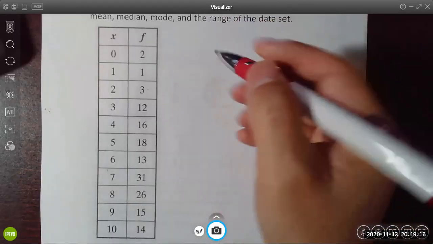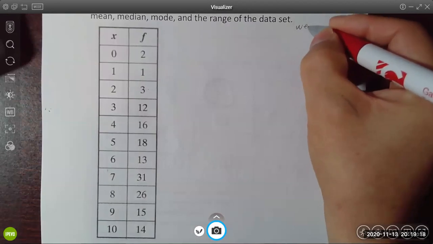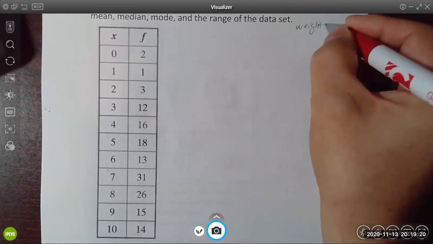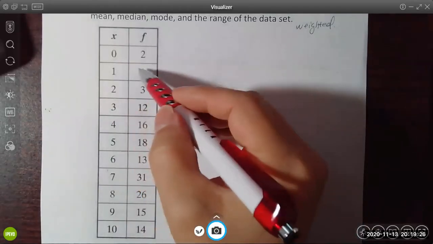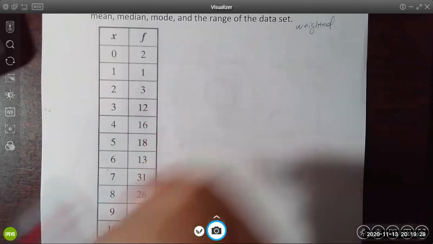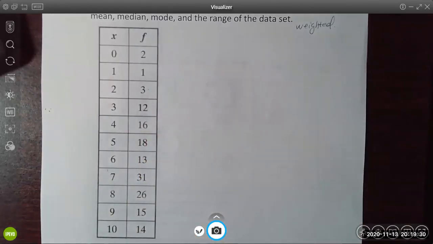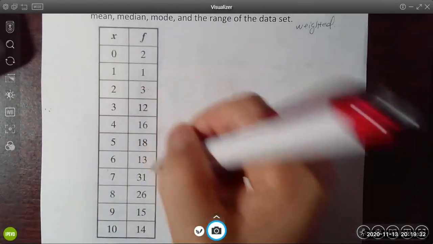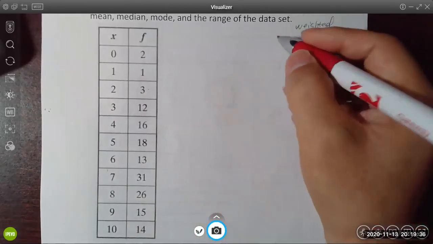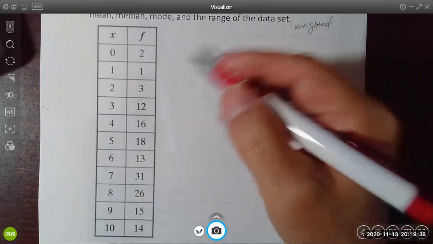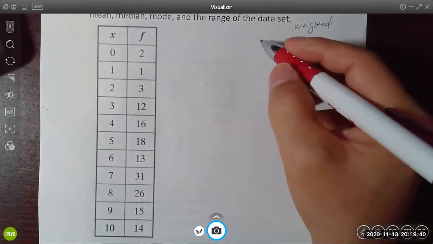Why do we call it a weighted average? Because you have these frequencies. Say 1 occurs once, but 3 occurs 12 times. These frequencies are called weights. Let me show you how to calculate this so that you understand it.